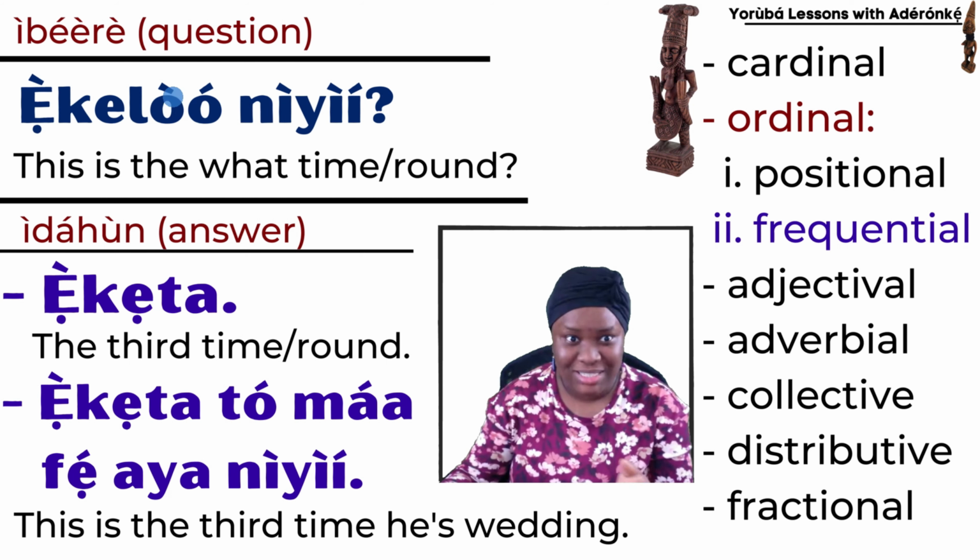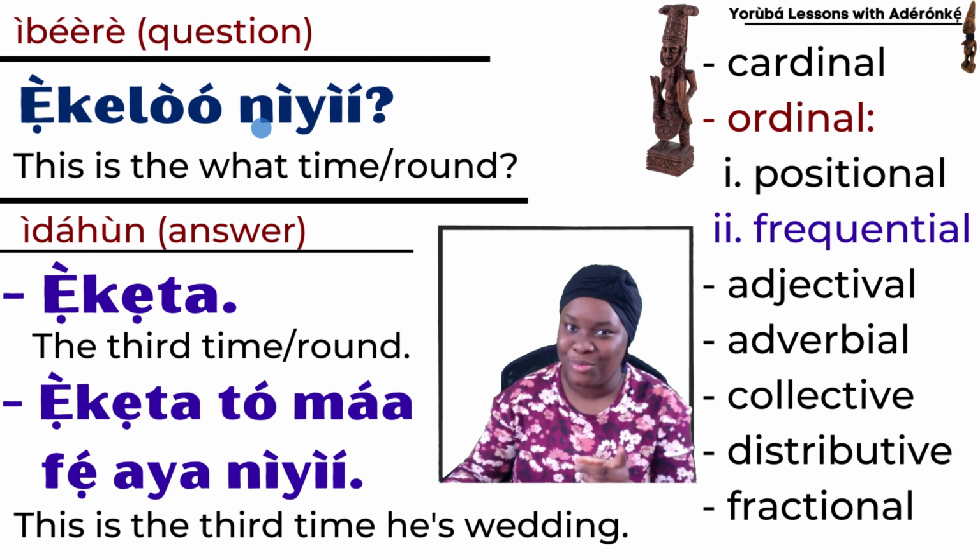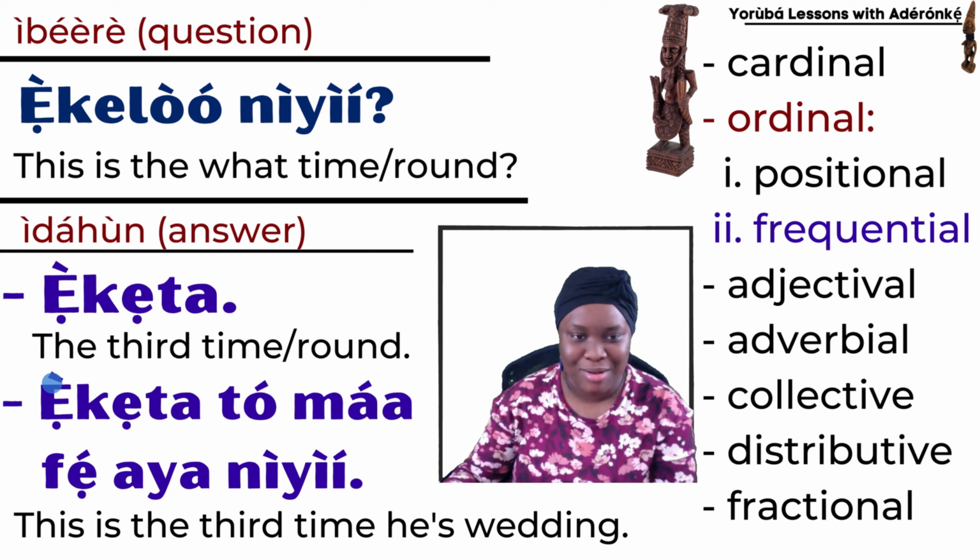What round is this? Ekeloni eyi. What round is this? Eyi, but I combined ni eyi to form niyi. Sorry, perhaps I shouldn't have. But this is a combination of two words. Ni eyi. Ekelo ni eyi. Ekelo ni. This is the what time or what round.